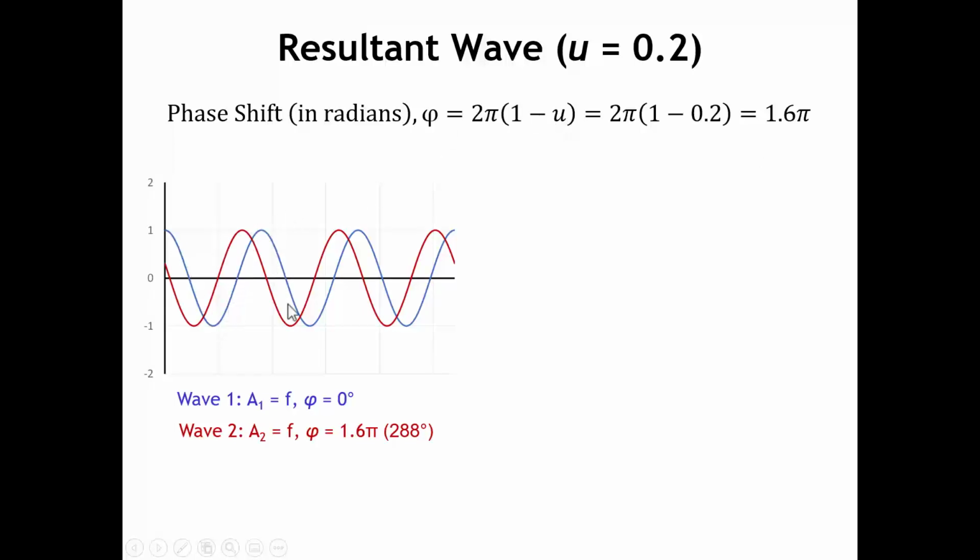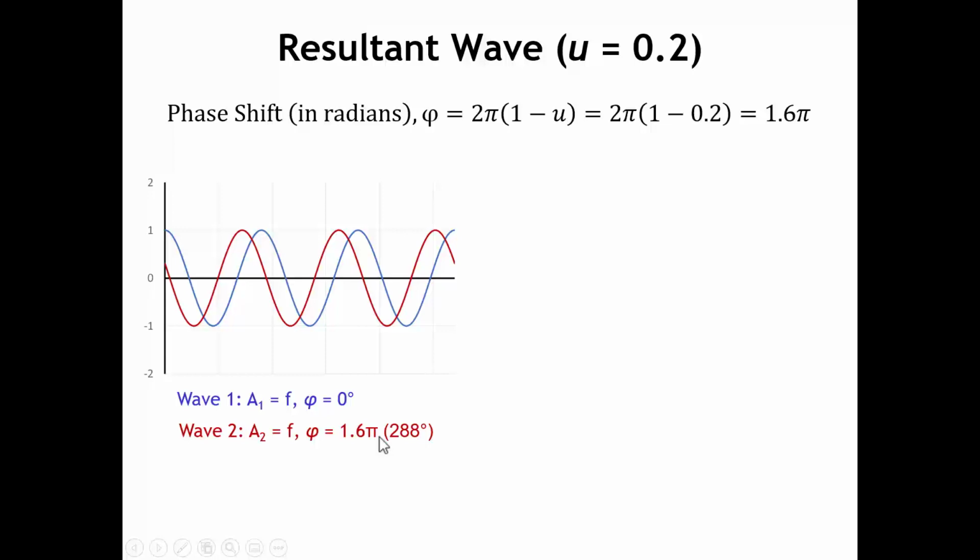This would be the wave that would be scattered off of the top row of atoms or the bottom row of atoms. And then our second wave is the wave scattered off the atoms that are not at the corners of the unit cell. It's the same amplitude because they're the same atom, but it's shifted by 1.6 pi or 288 degrees.